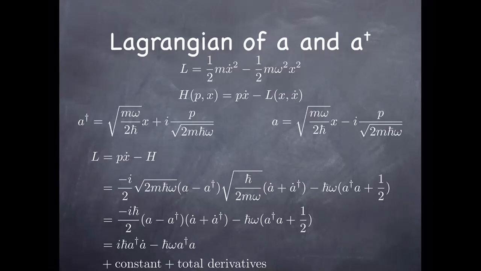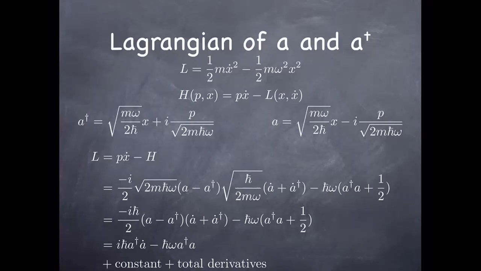So by dropping them, you can simplify this expression to something that looks like this: i h bar A dagger A dot. That comes from this first term by dropping total derivatives. For example, the piece A times A dot is the time derivative of A squared, right? If you take the time derivative of A squared, you get A times A dot. That's why it's a total derivative, and I drop it. Same goes with A dagger and A dagger dot.